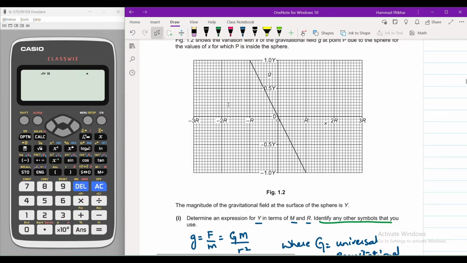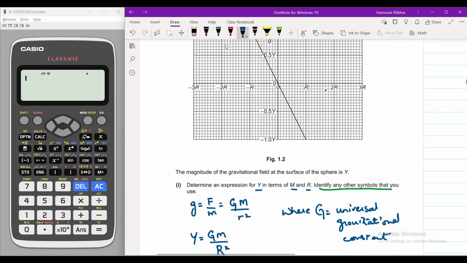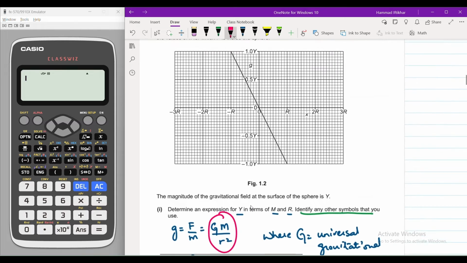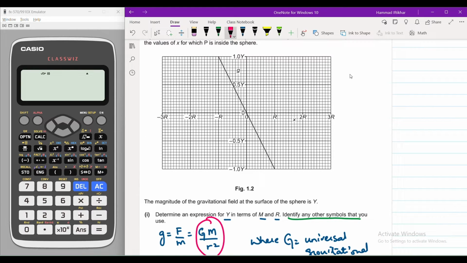Okay, all right. So we know that the gravitational field strength would be reducing with this. At double the radius, G would be GM over (2R) whole squared.